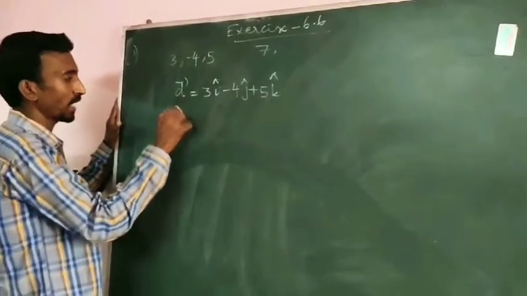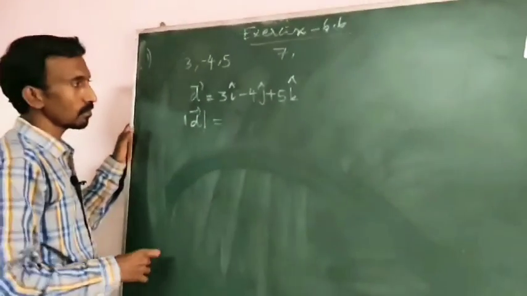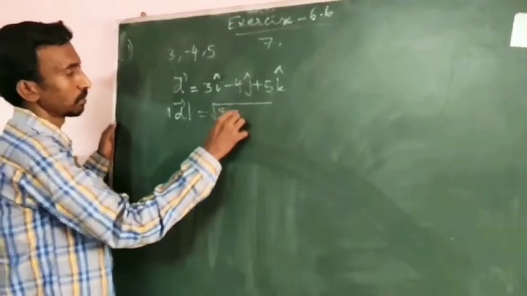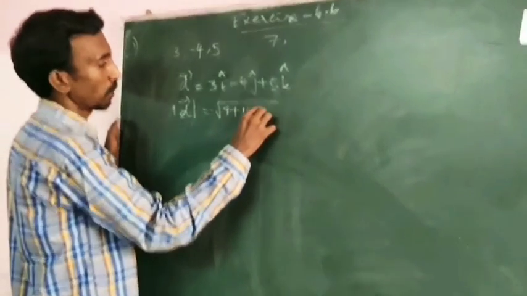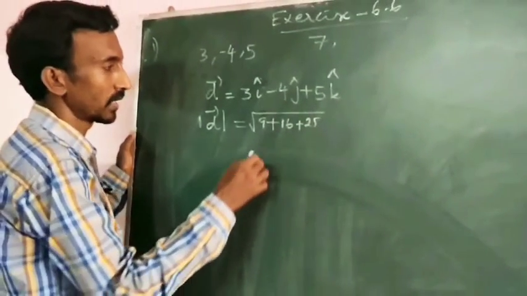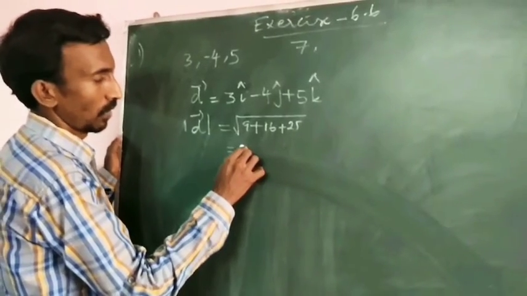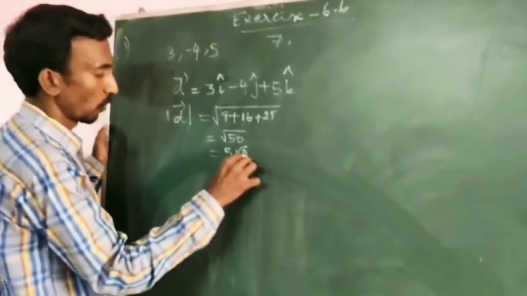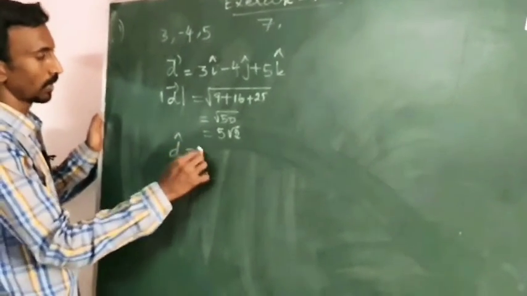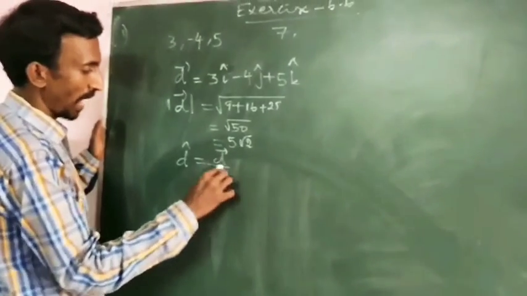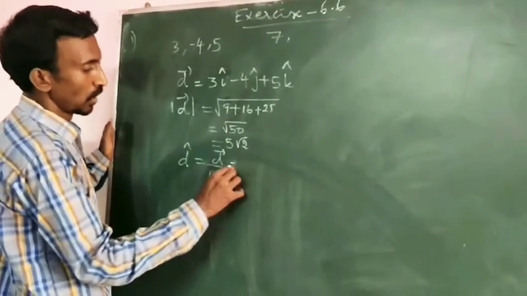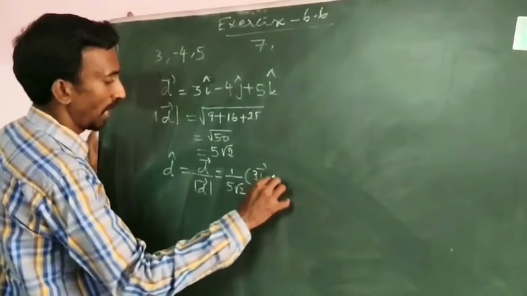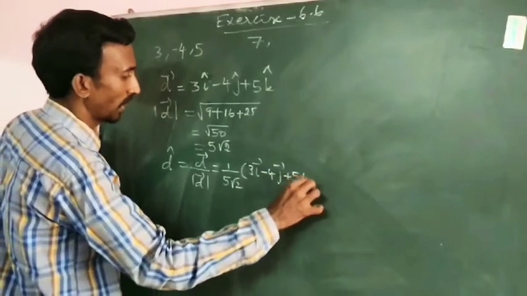So find its magnitude. Root of 9 plus 16 plus 25, that is root 50. So 25 into 2, 5 root 2. So d cap equal to d vector by magnitude of d vector, so 1 by 5 root 2 into 3i minus 4j plus 5k.